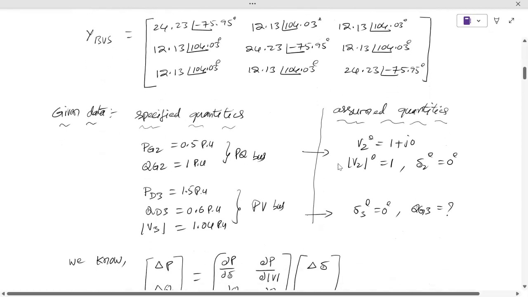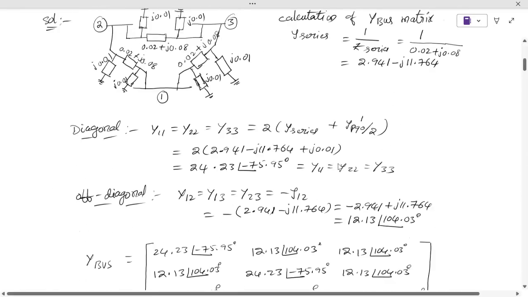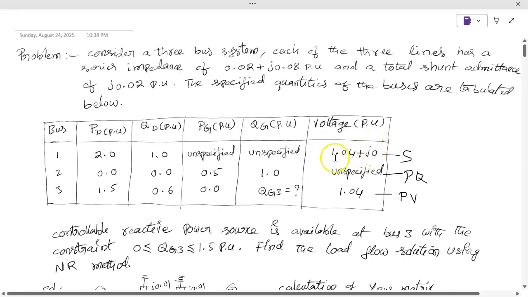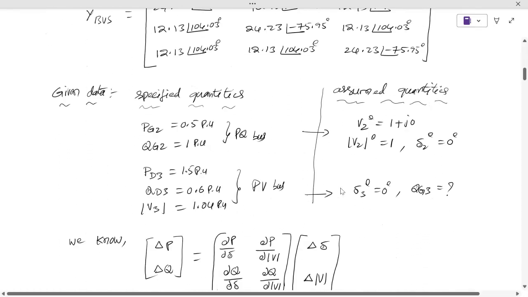Afterwards we need to collect the data that they have given. The first bus is the slack bus, with V1 equal to 1.04 at an angle 0, as given in the table. And V3 is 1.04. Now we are collecting the required data.